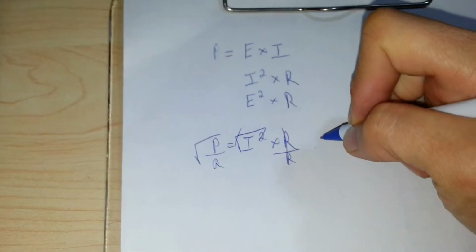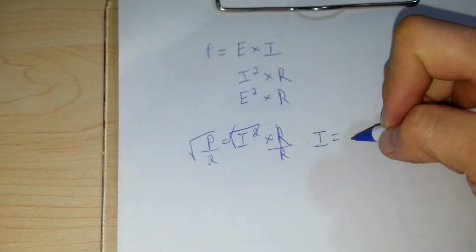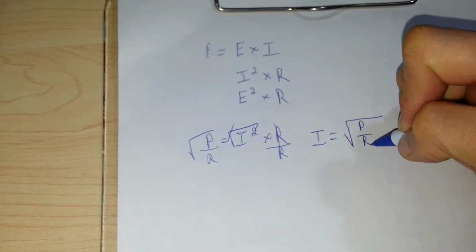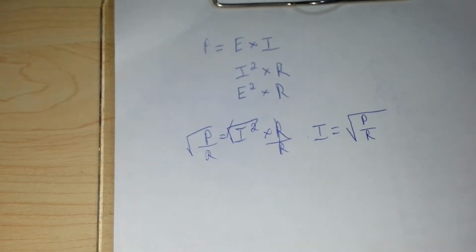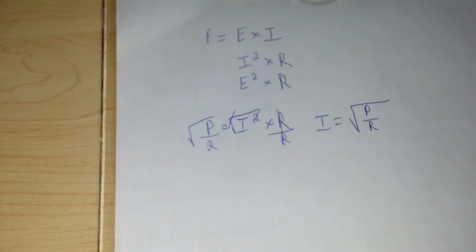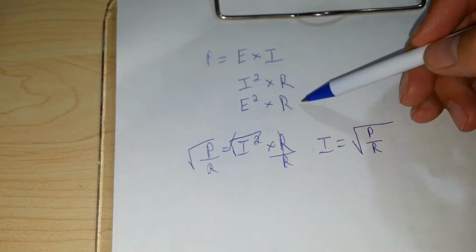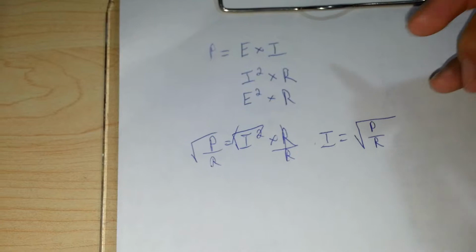So you would be left with I equals the square root of P over R. And it's good for the goose, it's good for the gander. So if you've got I squared here and E squared here, it should come out the same.